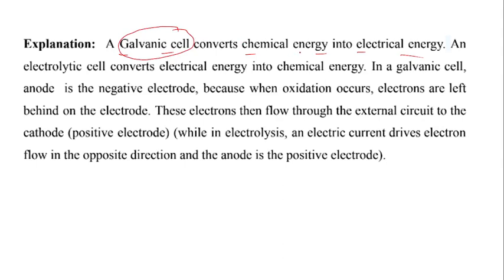The purpose of this cell is to convert chemical energy into electrical energy. An electrolytic cell converts electrical energy into chemical energy, just the opposite. You are providing electrical energy and it is doing some chemical job, like separating species in water: from H2O it separates H+ and OH-, then hydrogen gas and oxygen gas are formed. This is the job of an electrolytic cell.